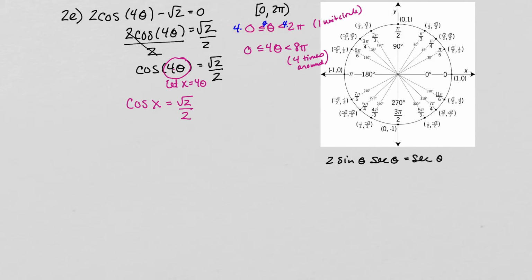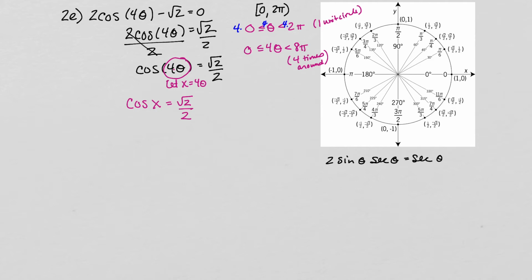Whatever number is in here tells you how many times around the unit circle you're going. Numbers bigger than 1 tell you how many times around. I would expect one or two problems where I've changed the angle on you on the test. Does that help, Kelly? Yeah, I got it. Thank you. No problem.